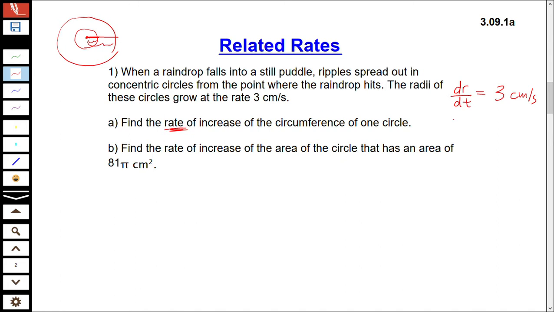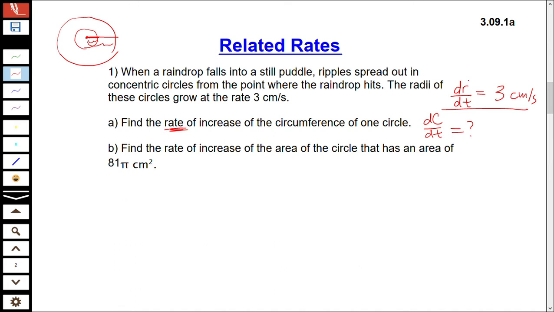So what they're asking you here is, what is dc over dt? Because we know that it is still a rate that's growing per time. So t goes at the bottom, but instead of a radius, they're now asking for a circumference. So we are trying to find dc over dt, and that's all the information that's given.